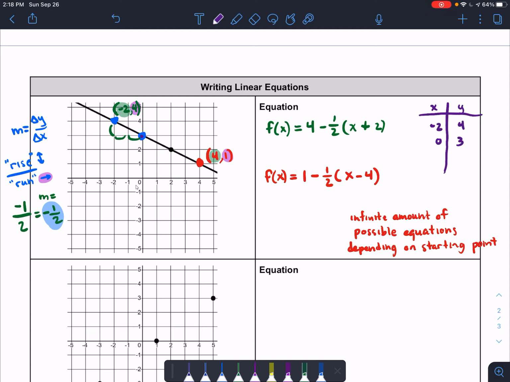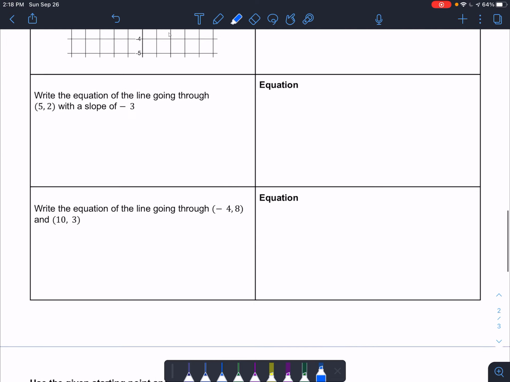And so I just want to show you, you can get the slope from 4 to 3 is taking away 1. From -2 to 0 is adding 2. So no matter which way you think about slope, whether you use the picture or the graph itself, you still get to the same slope that we were using from the other side. Okay?